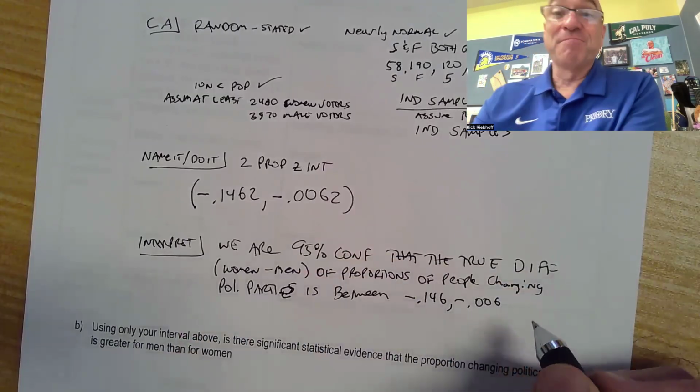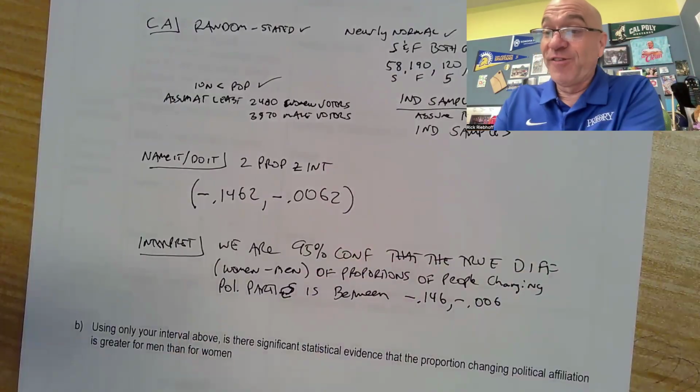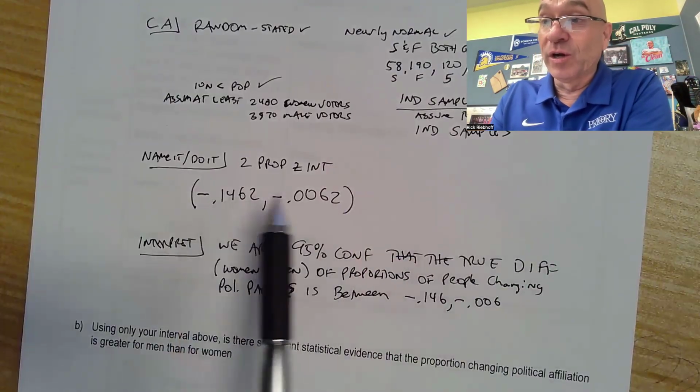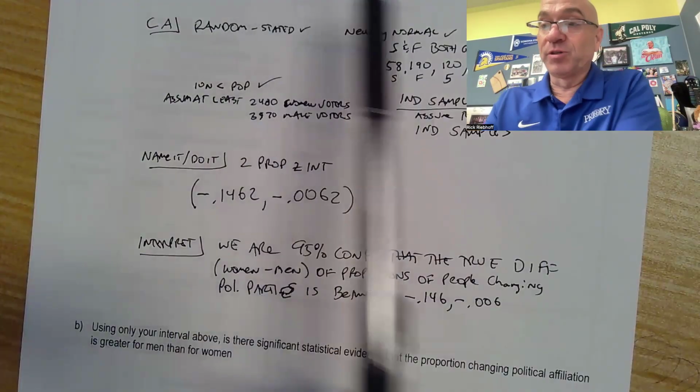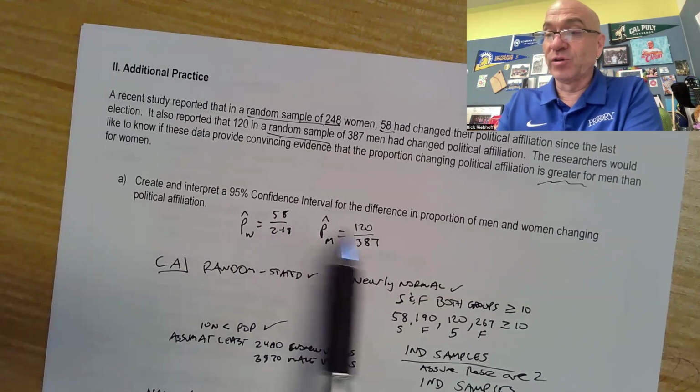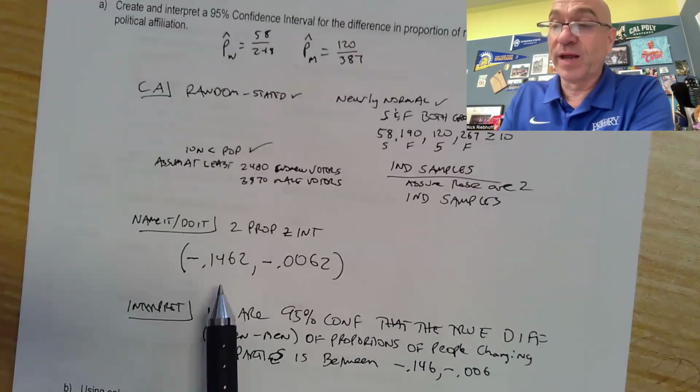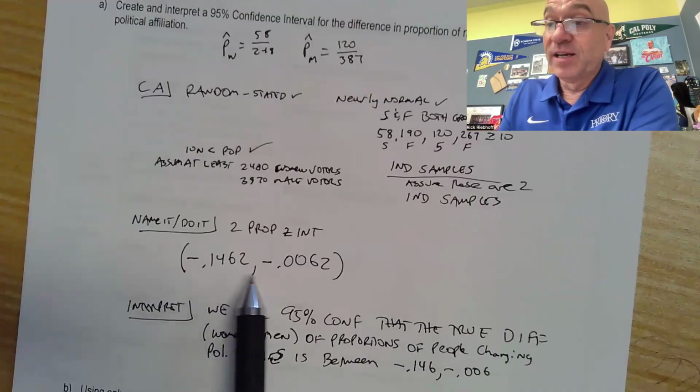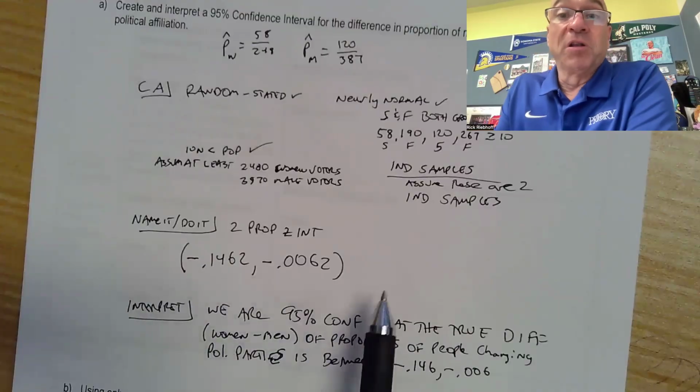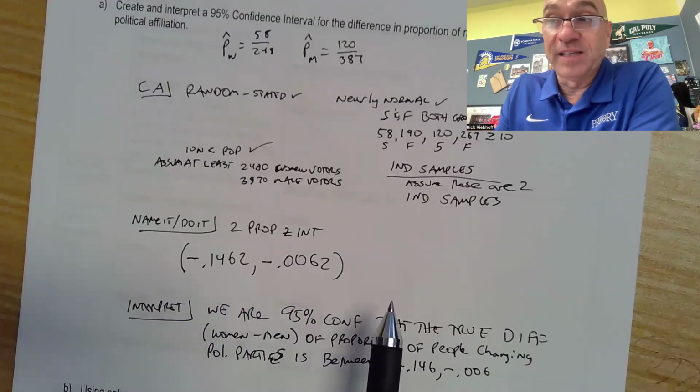There we go. So what does that mean, right? That means we're pretty sure, when we compare those two percentages, that females were somewhere between 14% and about 1% below the males. Does that make sense?